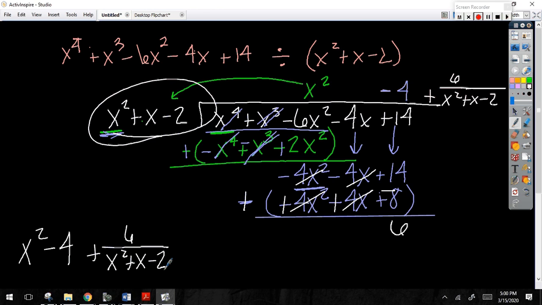Let's see here. Let's do one more. Then I think you should be pretty good. Let's do x to the third plus 6x squared minus x minus 4.